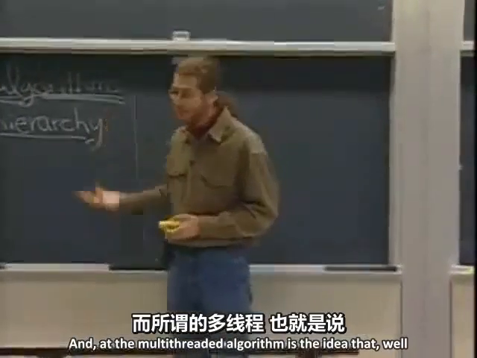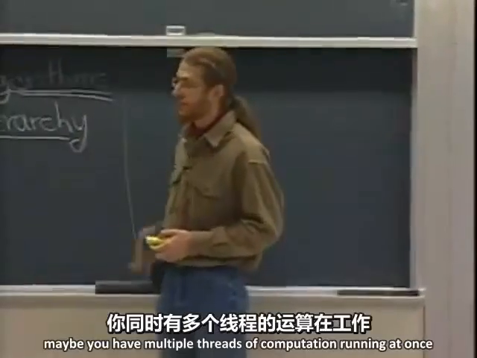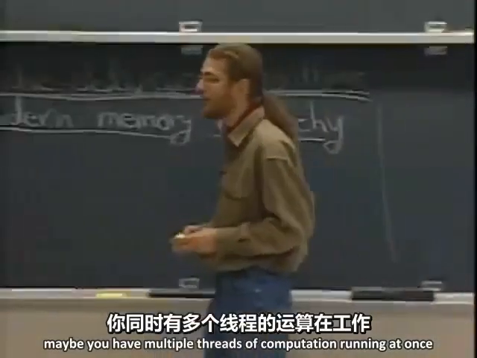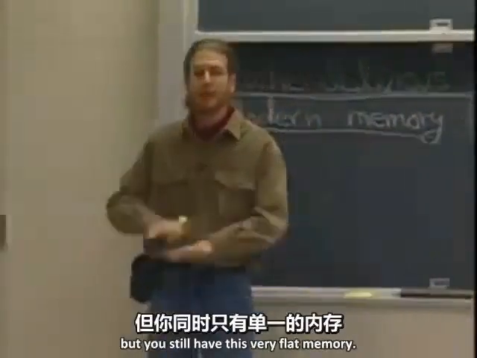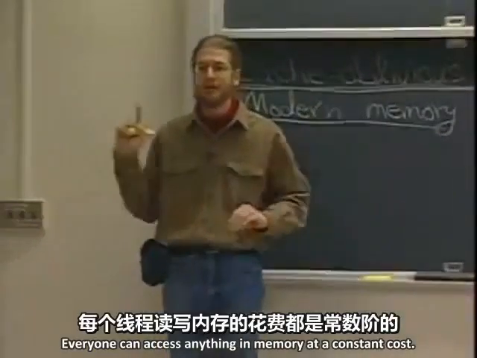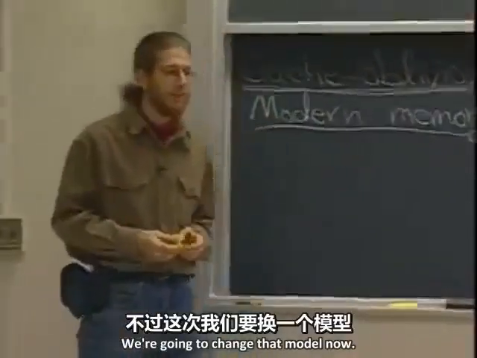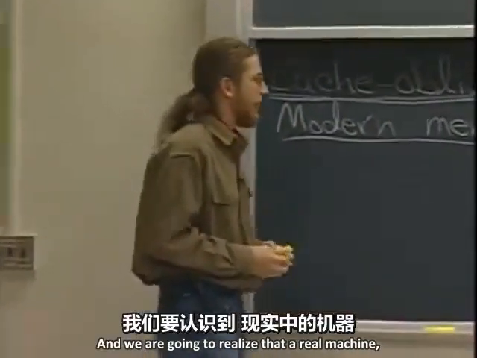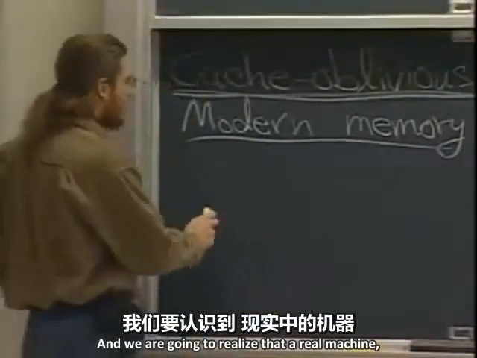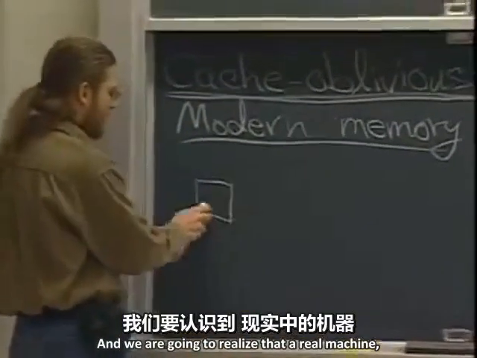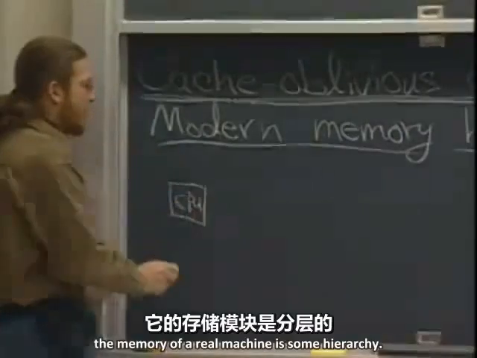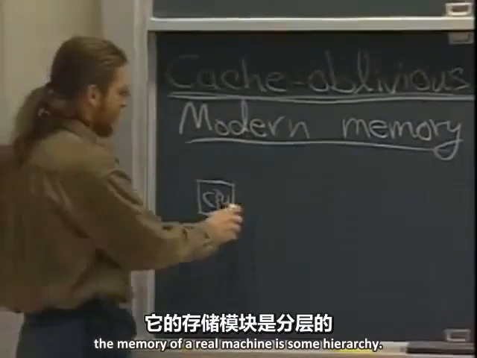And for the multi-threaded algorithms, the idea is that maybe you have multiple threads of computation running at once, but you still have this very flat memory. Everyone can access anything in memory at a constant cost. We're going to change that model now. We're going to realize that the memory of a real machine is a hierarchy.